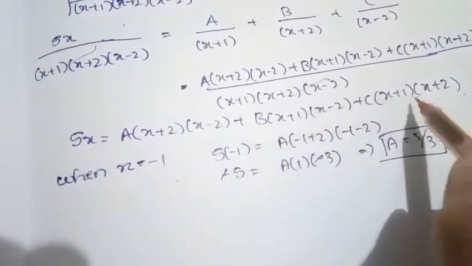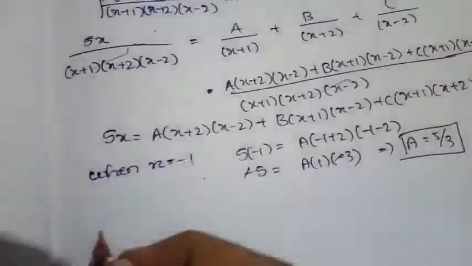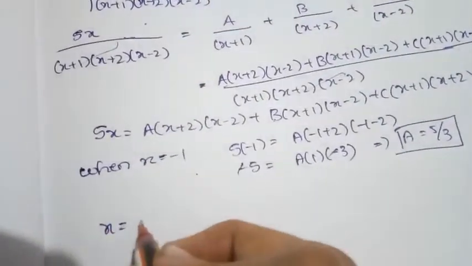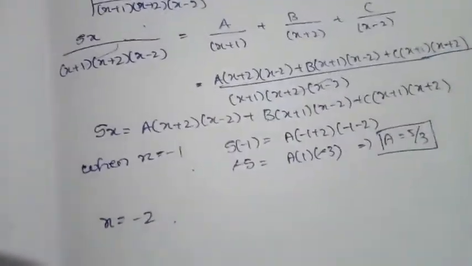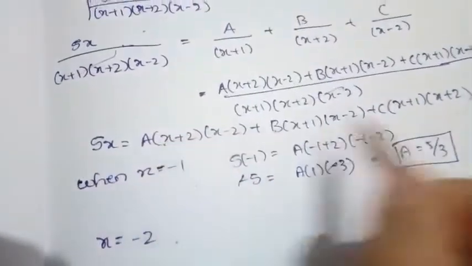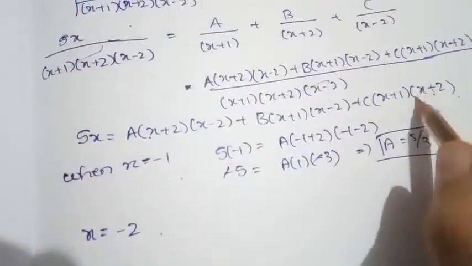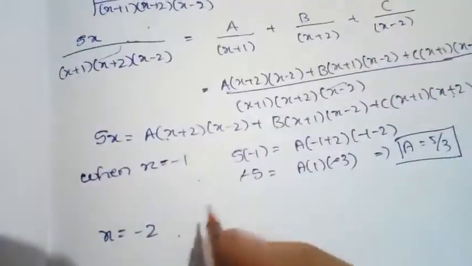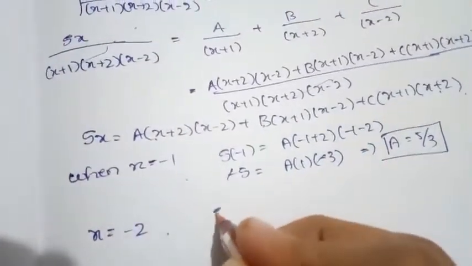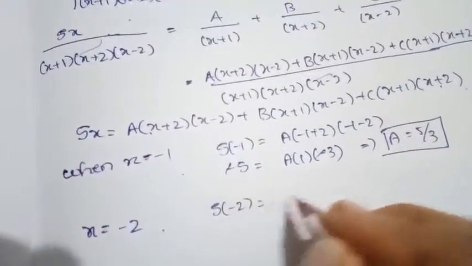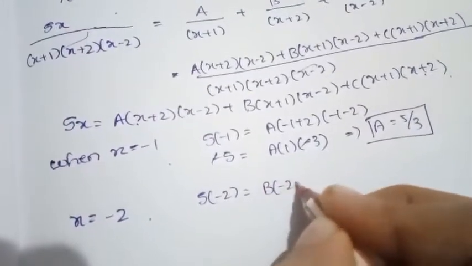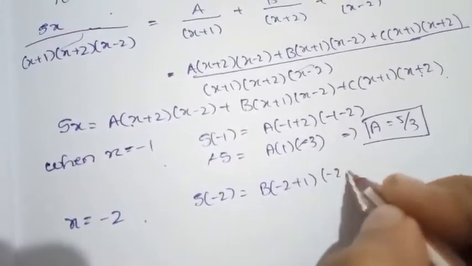Similarly, to get the value of B, I input x equal to minus 2. When x is equal to minus 2, two of the terms become 0, so the first and third terms vanish. What is left is 5 into minus 2 is equal to B into (minus 2 plus 1) into (minus 2 minus 2).